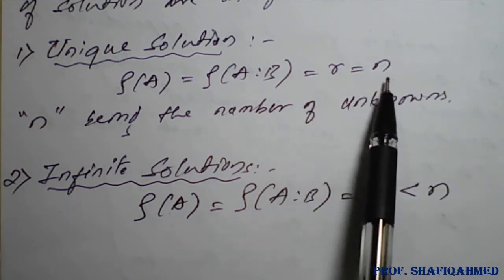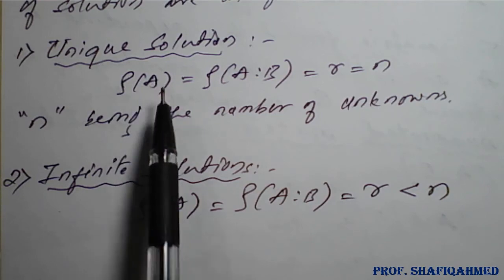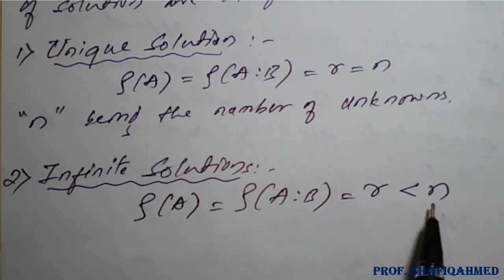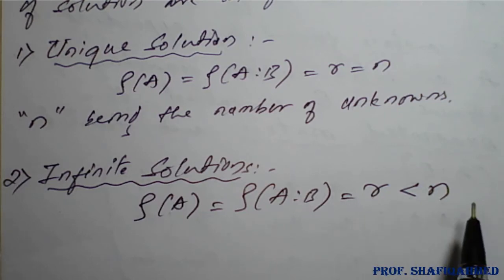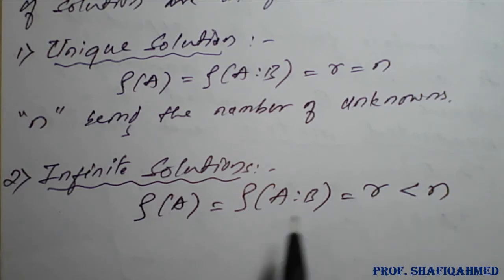So R is 3 and N is 3 means it is a unique solution. If R is 3 but N is 2, or R is 4 and N is 3, at that time it is infinitely many solutions. If the condition is not applying, then we can say it is not a solution only.